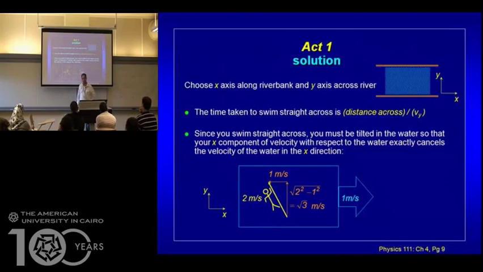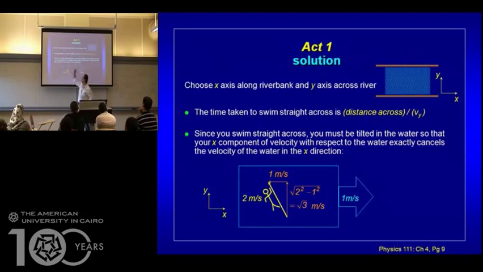Okay? Someone on the ground sees me crossing that way because this is what I'm doing. I'm aiming at that point and I keep swimming along that line to reach that point. So someone on the ground will see me swimming in that direction. So this is my velocity relative to someone on the ground. And this is the velocity of the water.